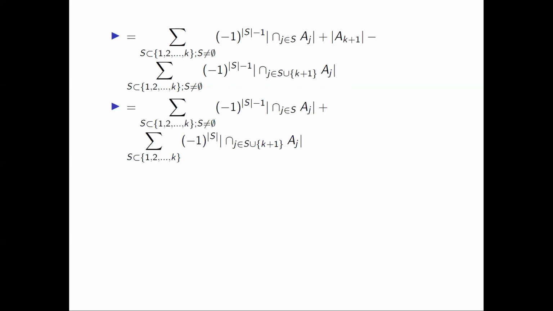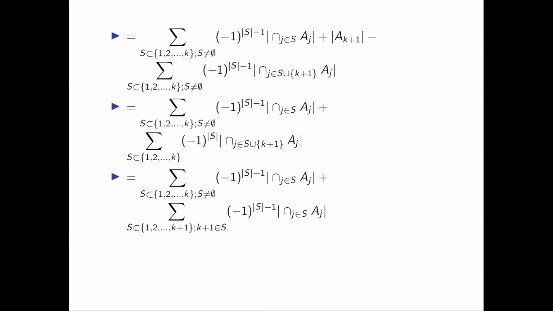Now we're almost to the end of the proof. We can simplify a little more. So we can still keep the first sum exactly the same, but the second sum, we can rewrite a little. Instead of the sum over any S from 1, 2 up to k of negative 1 to the cardinality of S times the cardinality of this intersection over J in S union k plus 1 of AJ, we're going to write S as a subset of 1, 2 up to k plus 1 instead of as a subset of 1, 2 up to k.